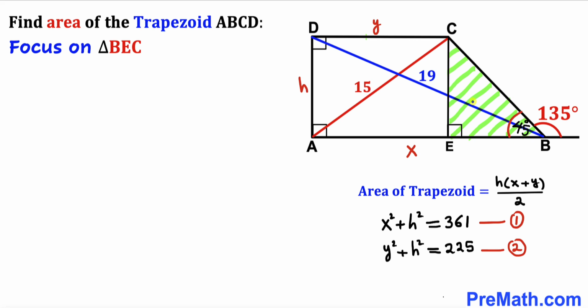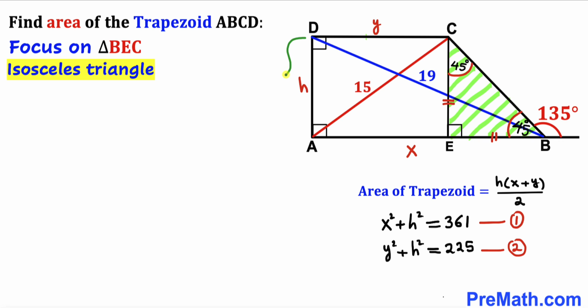And we know that the sum of angles in a triangle is 180 degrees. We know this is our 90 degree angle. This is our 45 degree angle. So therefore this angle has got to be 45 degrees. So therefore we can see that this right triangle BEC is an isosceles triangle, since these two angles are congruent. So therefore this side length CE is going to be equal to this side length EB. And now let's make an observation.